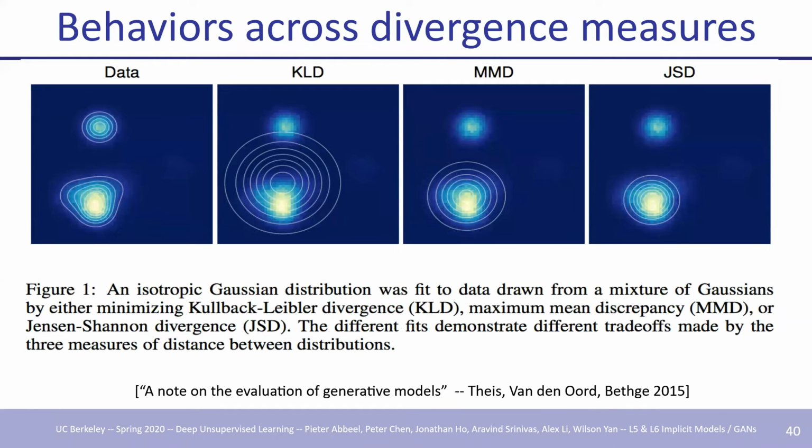We looked at this slide, but I'll go over it. So this is our data. With KL divergence, it has to cover everything. This is probably in the next lecture. Jensen-Shannon can just cover the most important bit of data, and it's not worth it to try and cover that part.